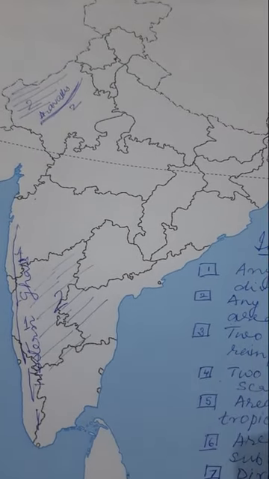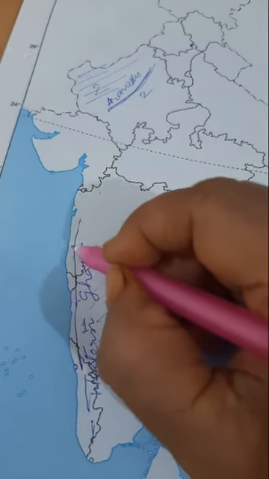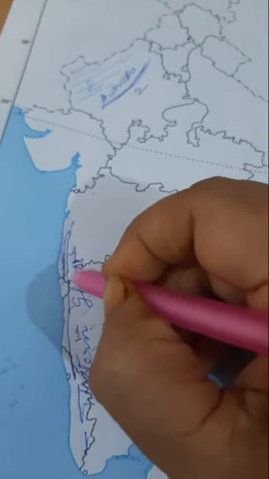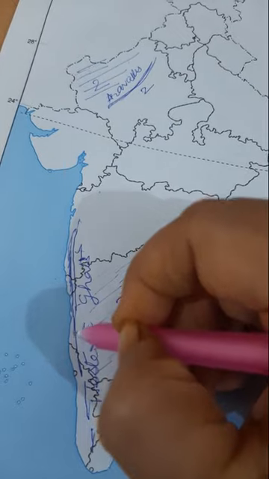Then 2 areas receiving rainfall above 200 centimeter. So above 200 centimeter, this portion you can shade. You can use colors.